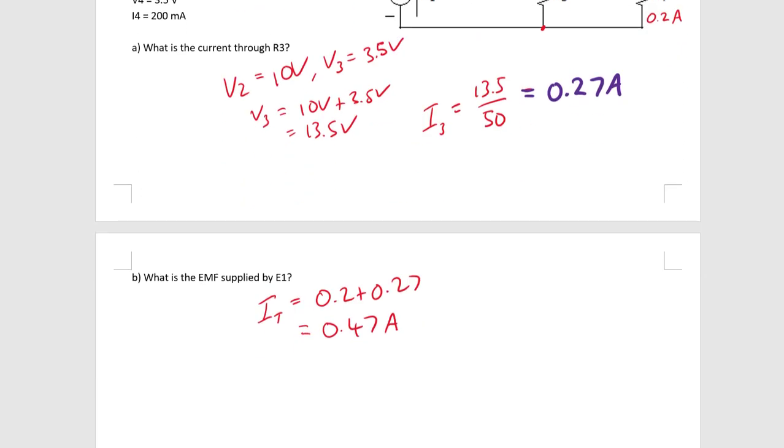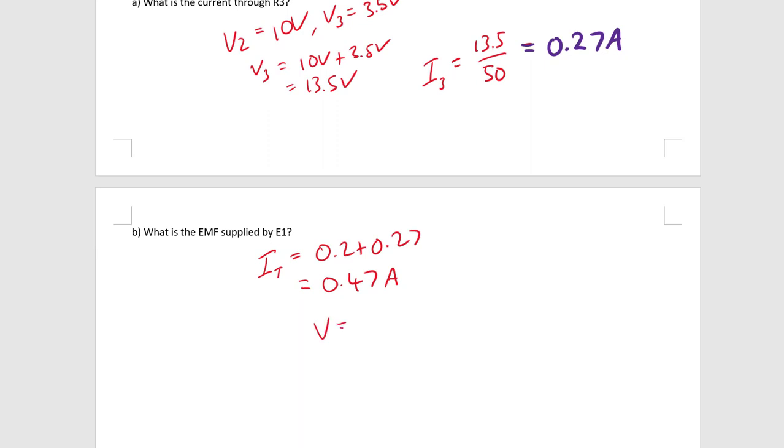So the potential difference across R1 can be calculated by saying, okay, the voltage is equal to IR. The voltage across 1 is the current through 1 multiplied by the resistance of 1. So it's going to be 0.47 times 100, which is the resistance, and you will get 47 volts.